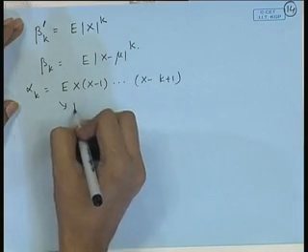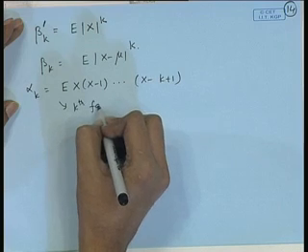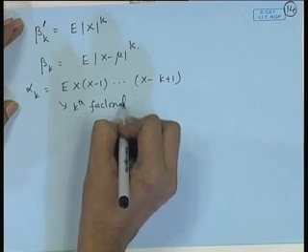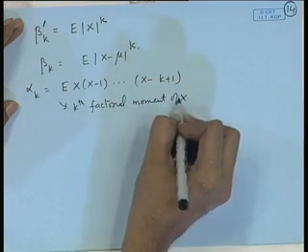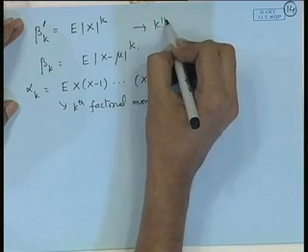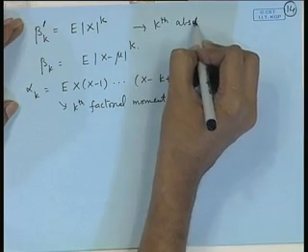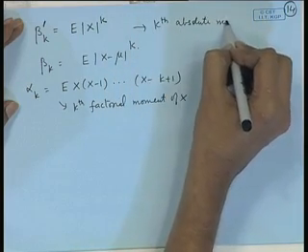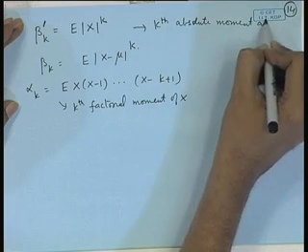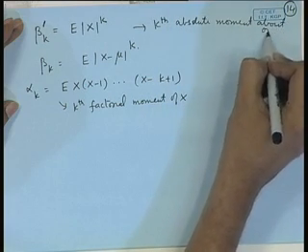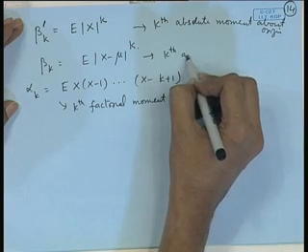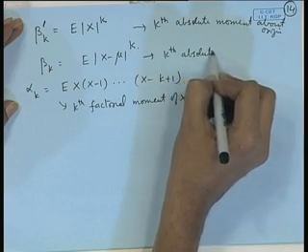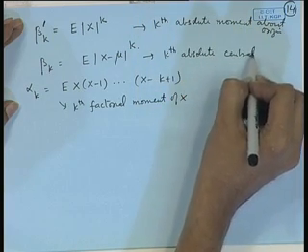This is called the kth factorial moment of x. This is the kth absolute moment about origin, and this is the kth absolute central moment.